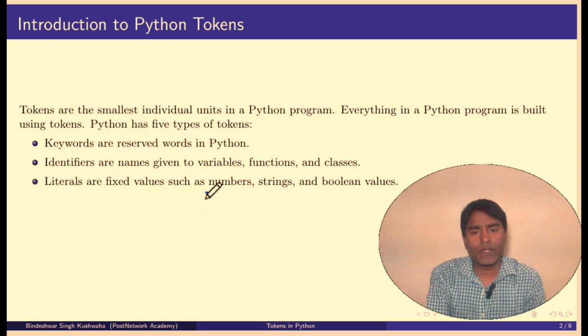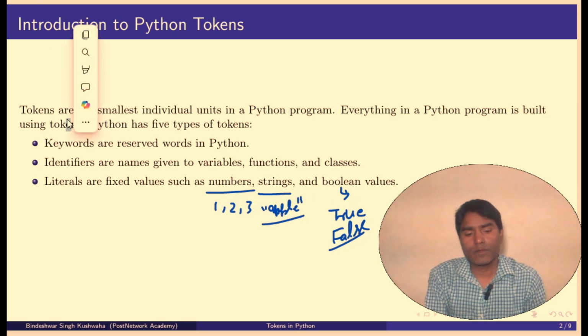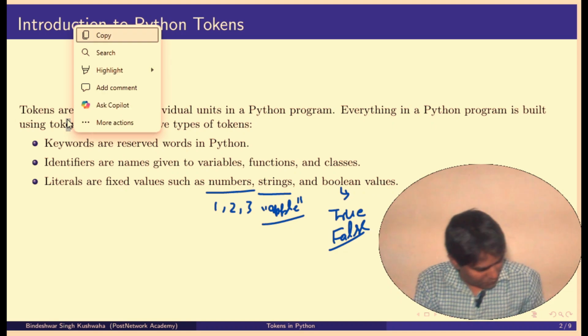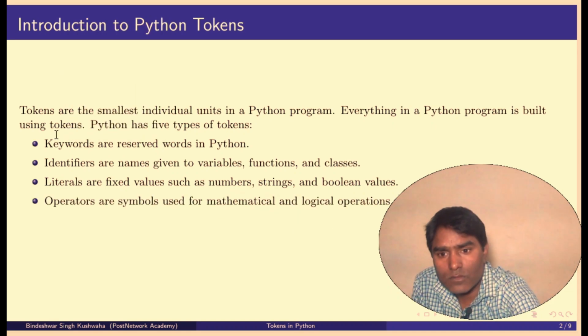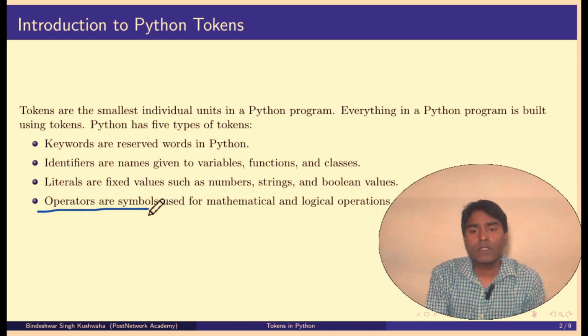Literals are fixed values such as numbers, strings and boolean values. Numbers like 1, 2, 3, a string like "apple" in double quotes, and boolean values like true and false. These are literals in Python. Operators are symbols used for mathematical and logical expressions.